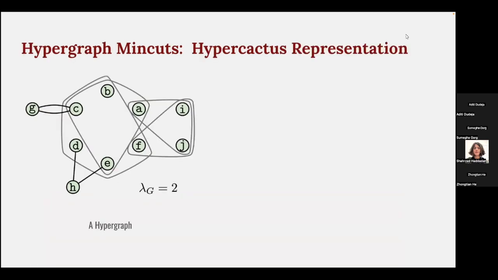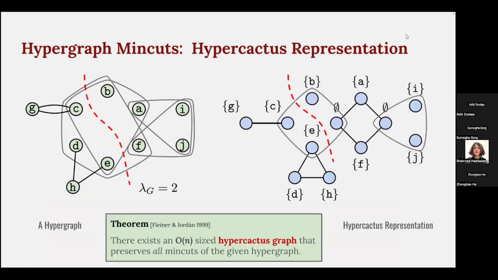All right, and one more generalization is the hypercactus representation for the hypergraph mincuts. We won't have time to talk about this in this talk, but this is the result: for any hypergraph, there exists a linear sized hypercactus graph that preserves all the mincuts.